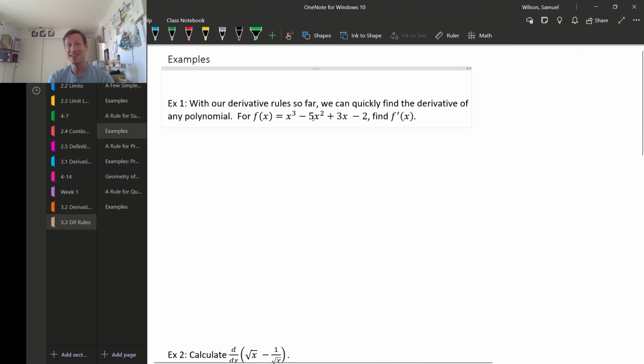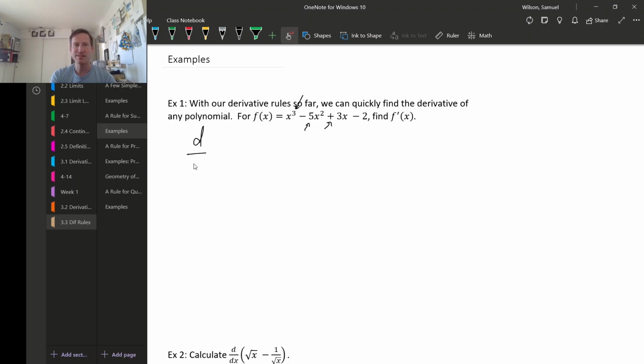One really nice thing about having the power rule, the sum rule, and the constant multiple rule is that we now have the ability to find the derivative of any polynomial without having to take any limits, since polynomials are just made up of terms with exponents, constant multiples, and sums and differences. So let's use these derivative rules to take the derivative of x cubed minus 5x squared plus 3x minus 2. You can imagine finding this derivative using the limit definition.